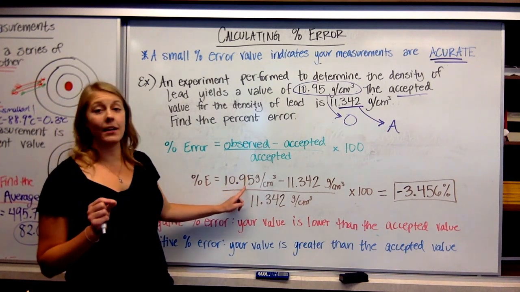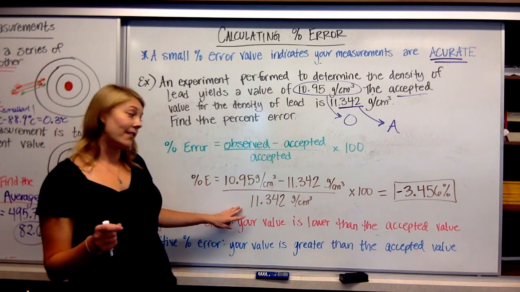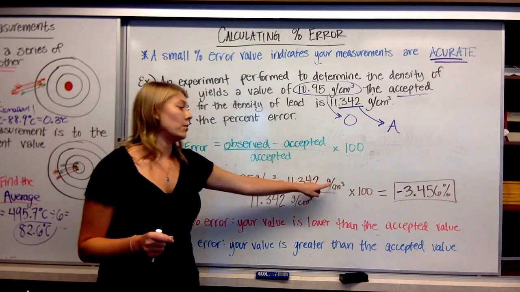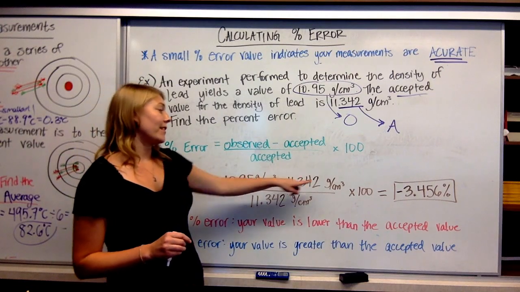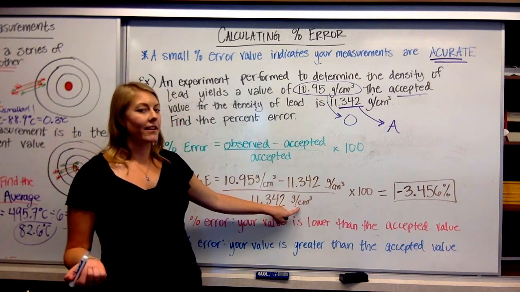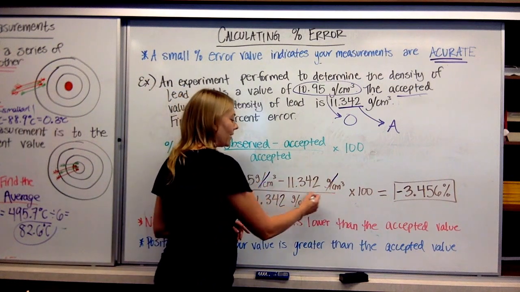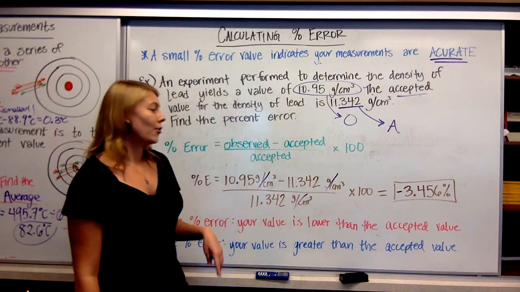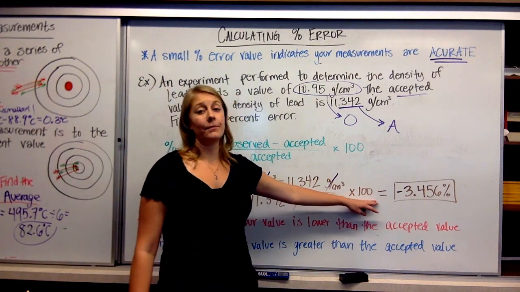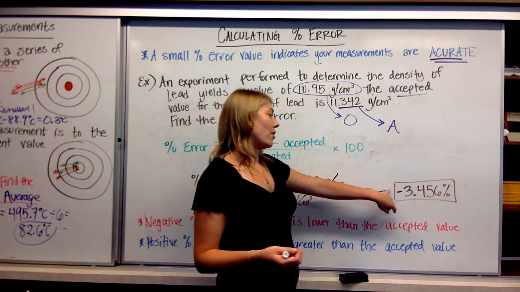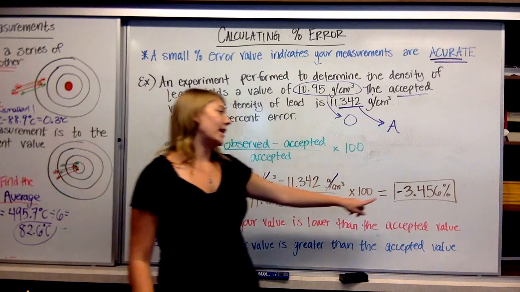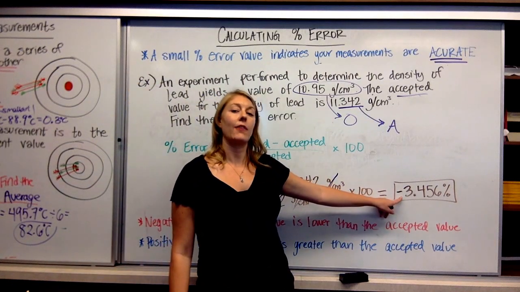I am not just plugging in numbers, right? We are using units to show what our unit is in the end, all right? If we have grams per centimeters cubed divided by grams per centimeters cubed, ultimately, they're going to be gone. When we multiply by 100, our unit now becomes the percent, right? So when I do all of this math, I get a percent error value of negative 3.456%.